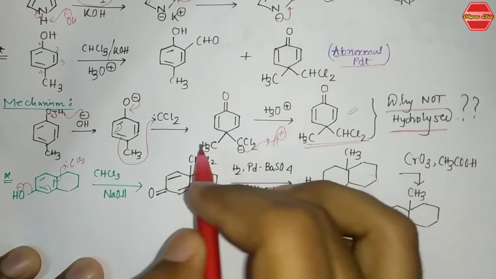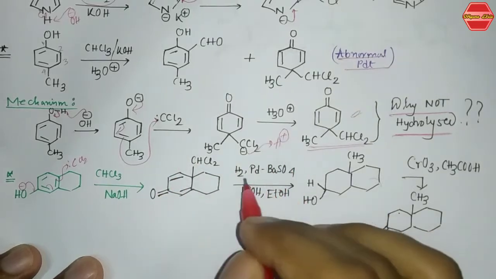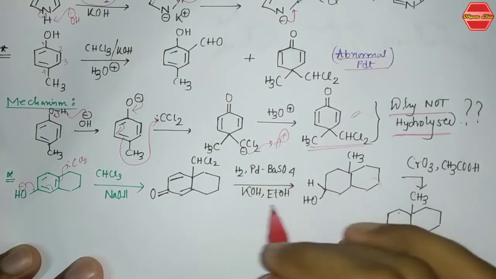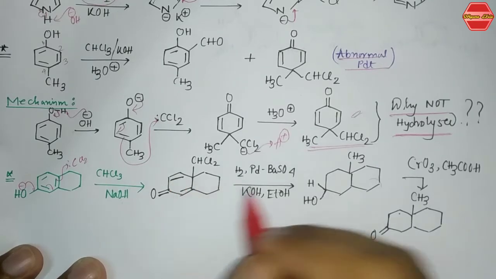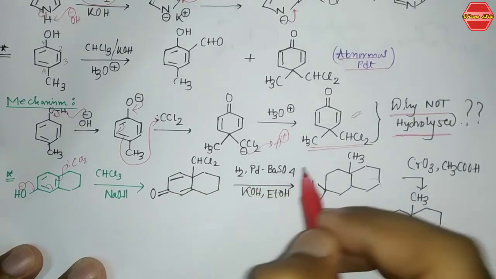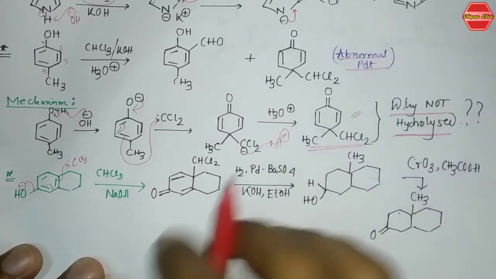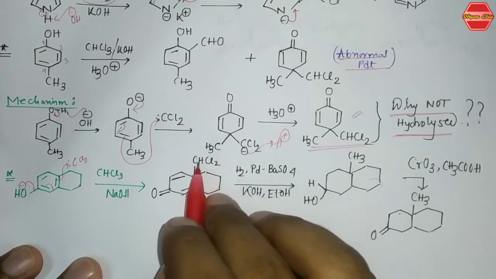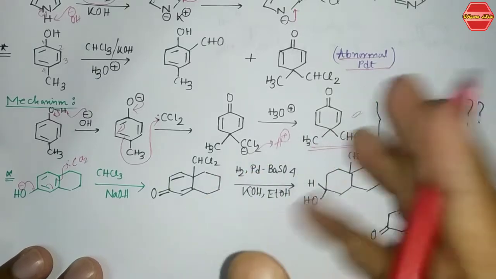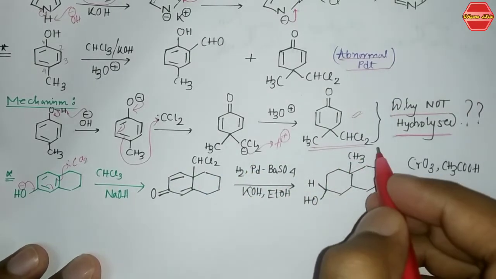After this product formation, if we are using H2, palladium on barium sulfate in KOH and ethanol medium, then these two double bonds are hydrogenated first, just because it is your hydrogenating agent, and the CHCl2 also, after hydrogenolysis, you are getting this CH3 over here.